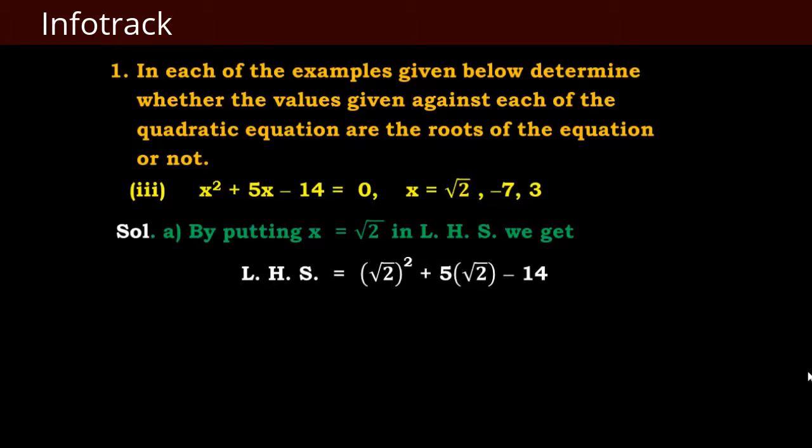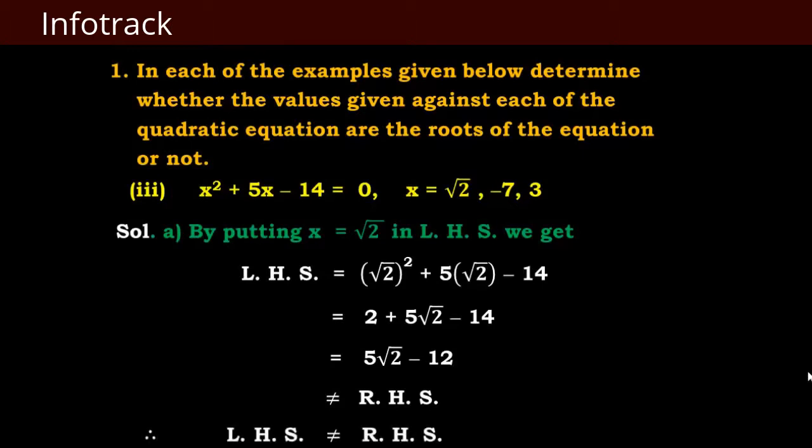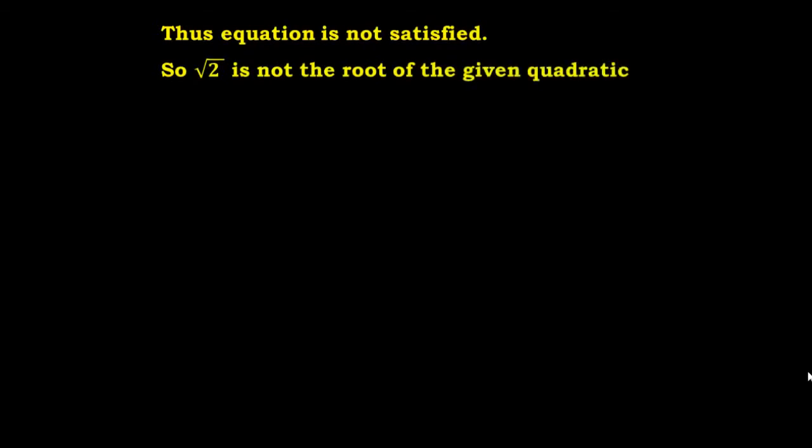Root 2 square is 2. So you will get 2 plus 5 root 2 minus 14. 2 minus 14 will become minus 12. So 5 root 2 minus 12, and it is not equal to RHS. That means LHS is not equal to RHS. Thus the equation is not satisfied. Therefore, root 2 is not the root of the given quadratic equation.